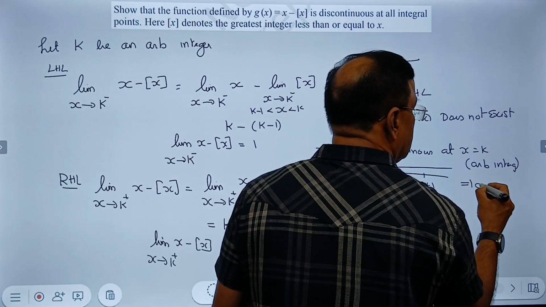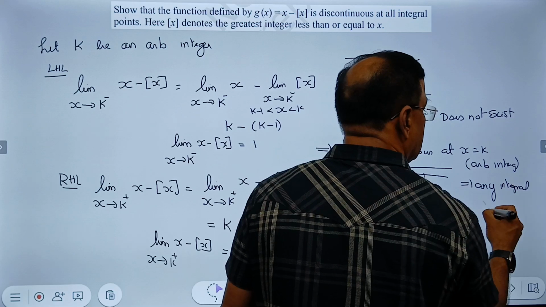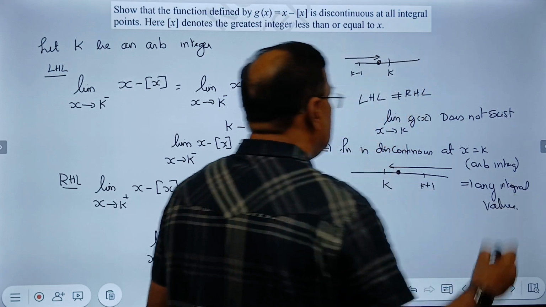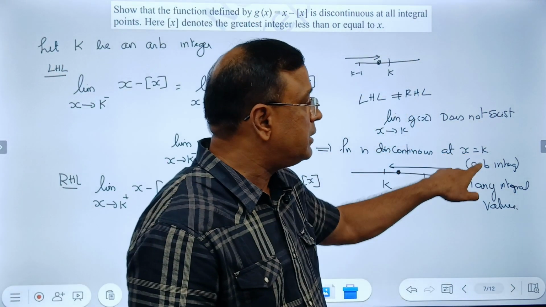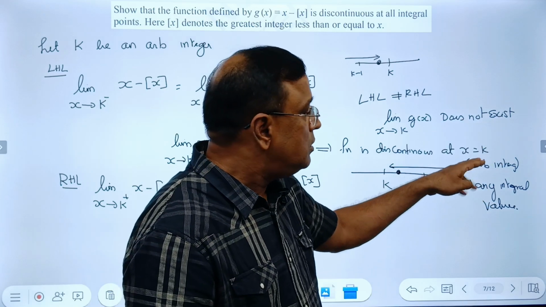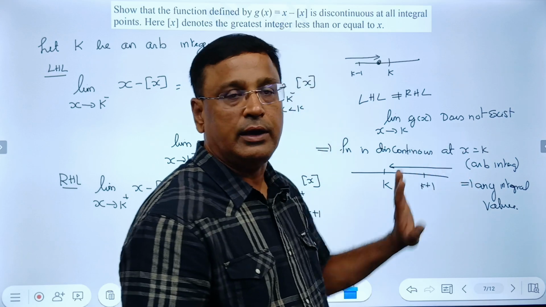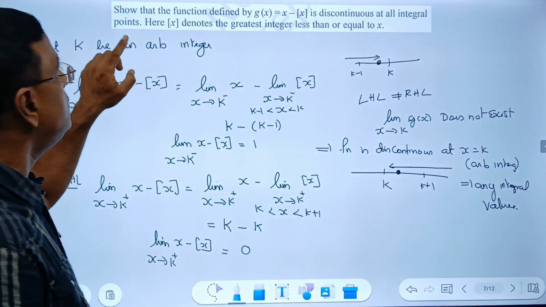See, the function is discontinuous at k, but k is arbitrary, so that means k can take any value. So it will be discontinuous for any integral value of k. That is what I want to discuss.